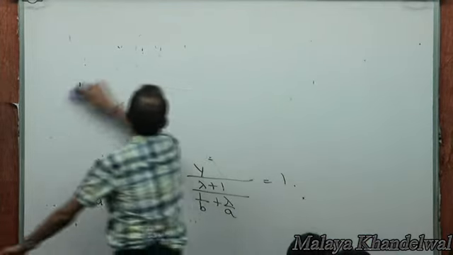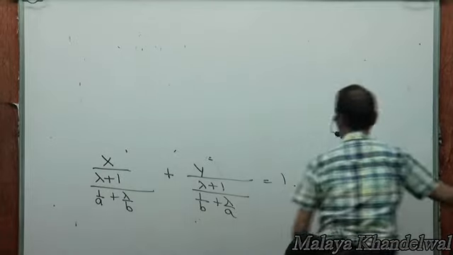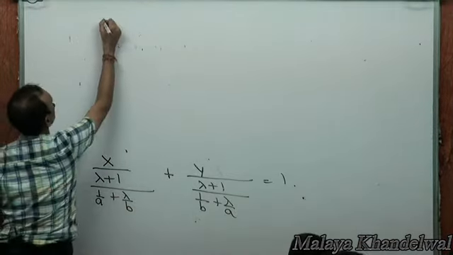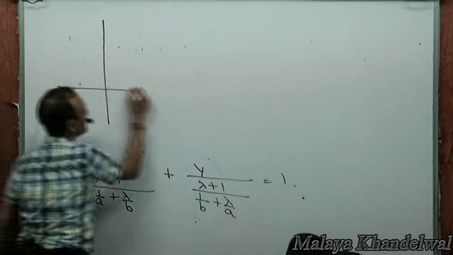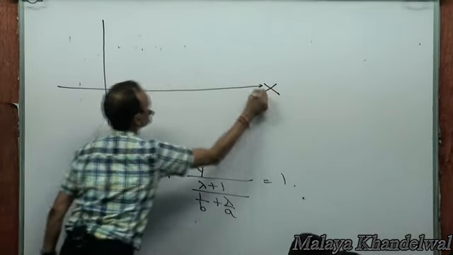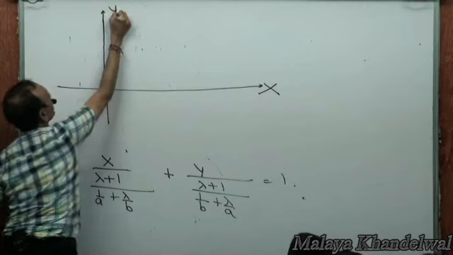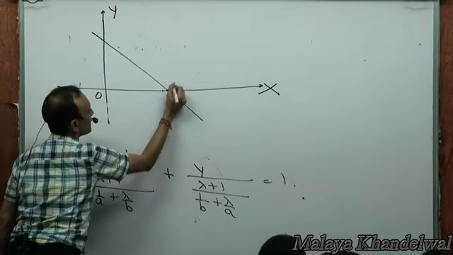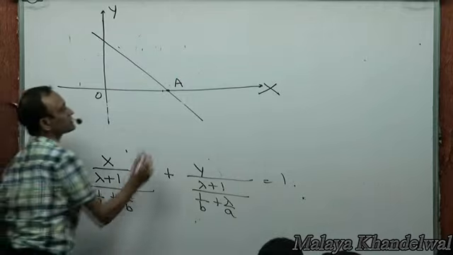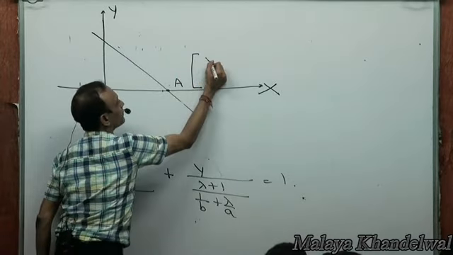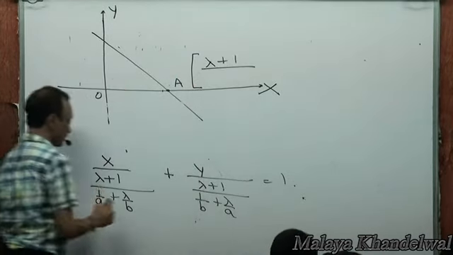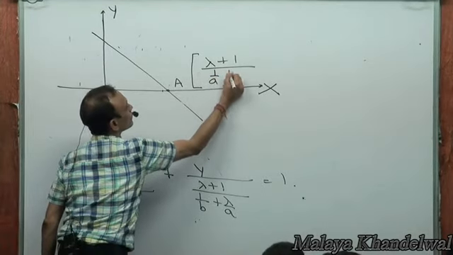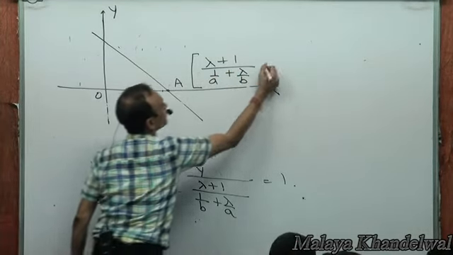Now, this means the variable line has variable x and y intercepts. Its x-intercept is A, which has coordinates ((λ+1)/(1/a + λ/b), 0), isn't it?